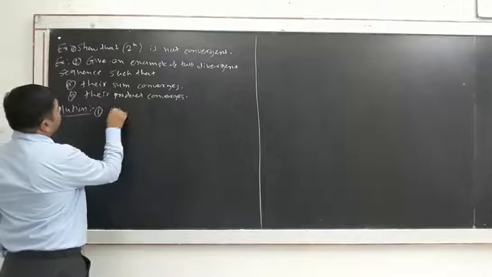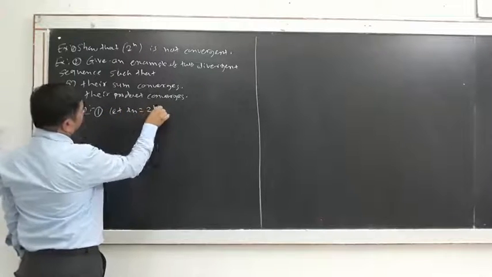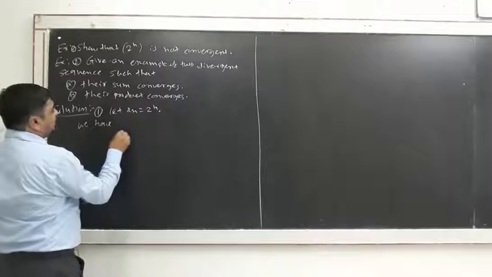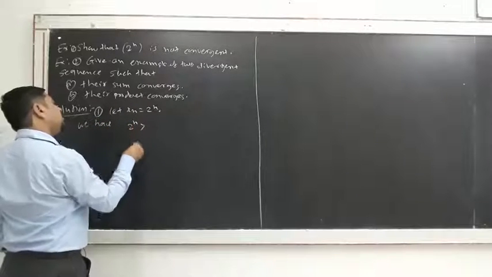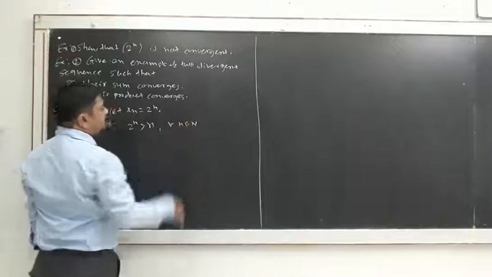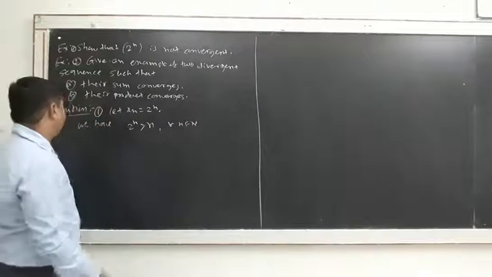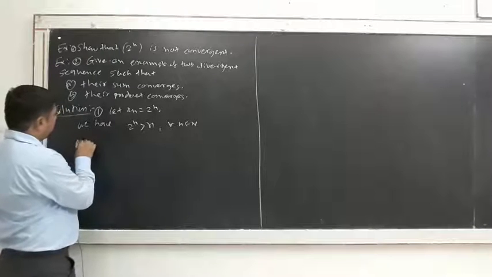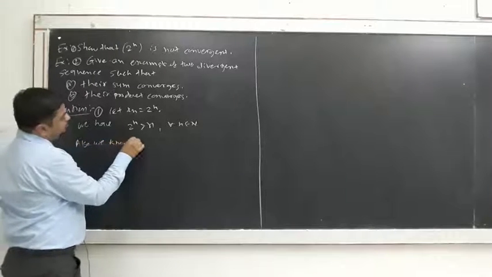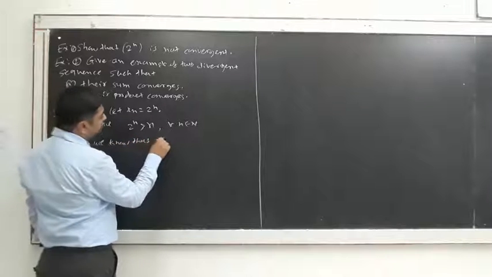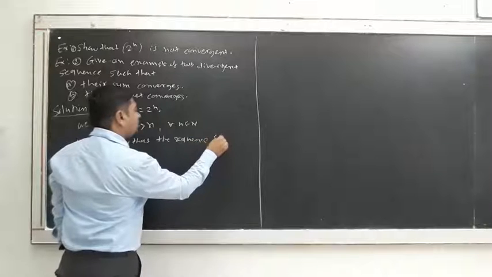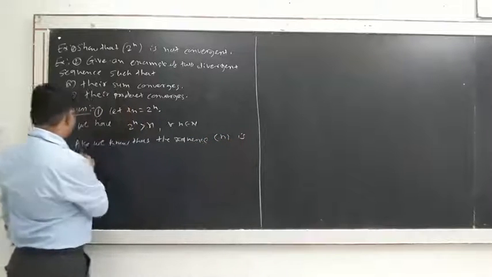So we solve the first problem. Let xn is equal to 2 raised to n. And we have 2 raised to n is always greater than n for all n belongs to the natural numbers. And we know that the sequence n is unbounded.